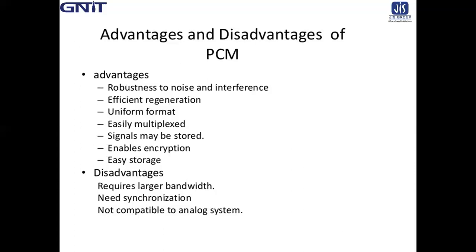In this case, the quantization noise is S squared by 12, or delta squared by 12, where S or delta is the step size. So if we want to reduce the quantization noise, then the step size should be reduced.